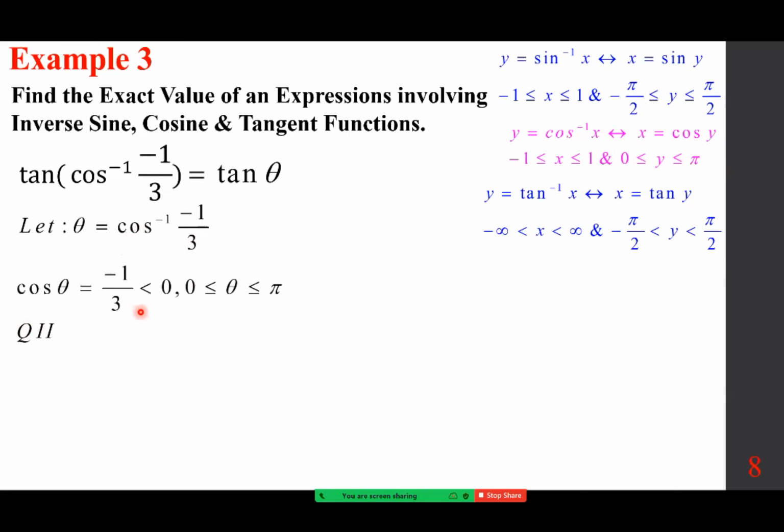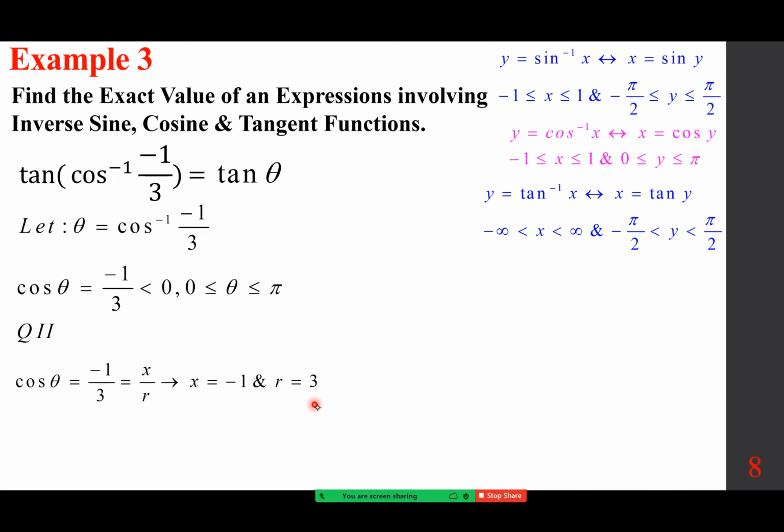Cosine is negative. Because it's inverse, we have restricted it from 0 to pi. That means first and second quadrant. Negative means the second quadrant. And so you can write it as x over r. So you have the value of x and r. If we write it as x over r, again, r is always positive, everybody.